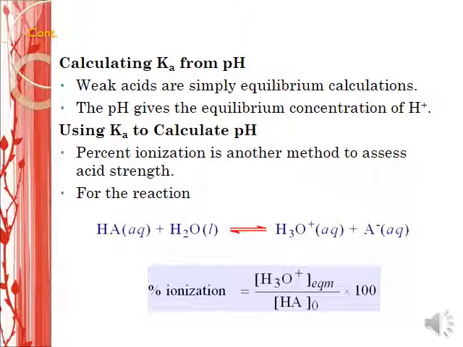Now, how do we calculate Ka if we are given the pH for a weak acid, or use Ka to calculate pH? For a weak acid, it's not as direct as for a strong acid, because it is only partially ionized. That's why we have to use Ka.